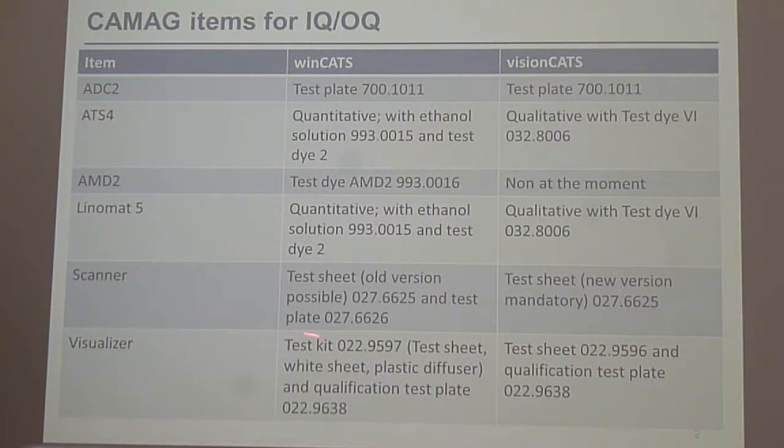So with WingCats we have the old test sheet plus the scanner test plate. That was just a spot and a display application, and then we scanned 28 times. Now we are scanning these black lines.